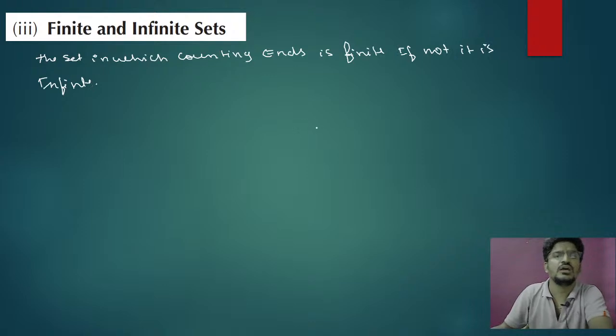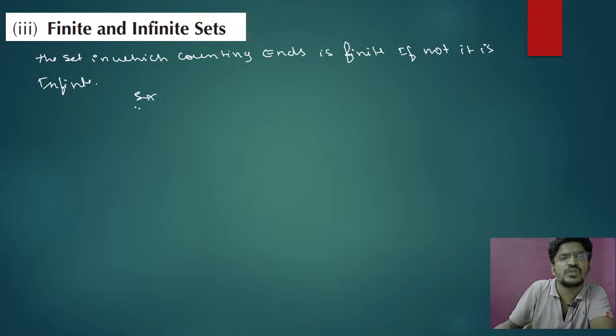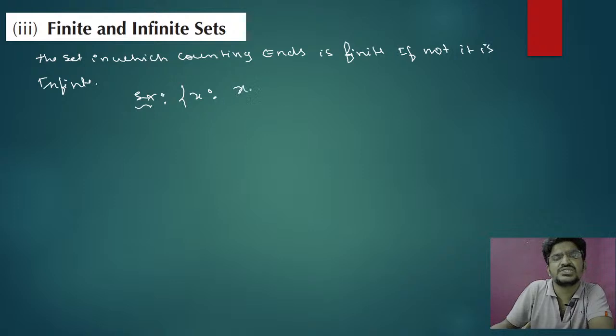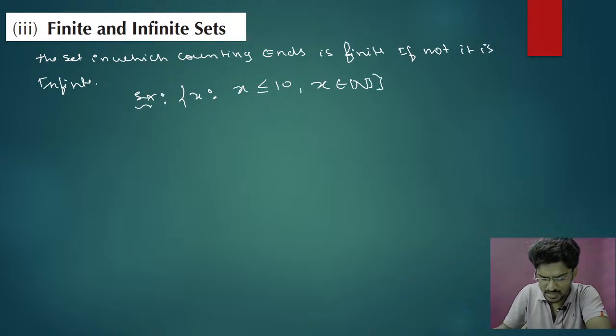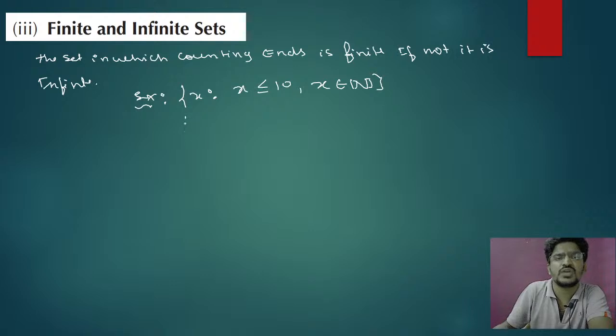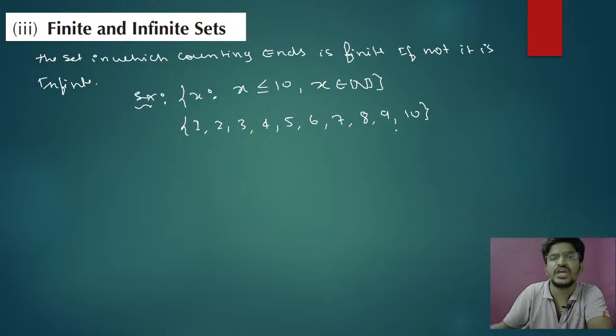So you just see here the set in which counting ends is called finite. So for example, you can also just see that is set of x such that x is lesser than or equal to 10, comma x belongs to natural numbers. Okay. So you can just see here x is lesser than or equal to 10 and x belongs to natural numbers. Here you can just see 1, 2, 3, 4, 5, 6, 7, 8, 9 and 10. Counting ends, therefore it is finite.